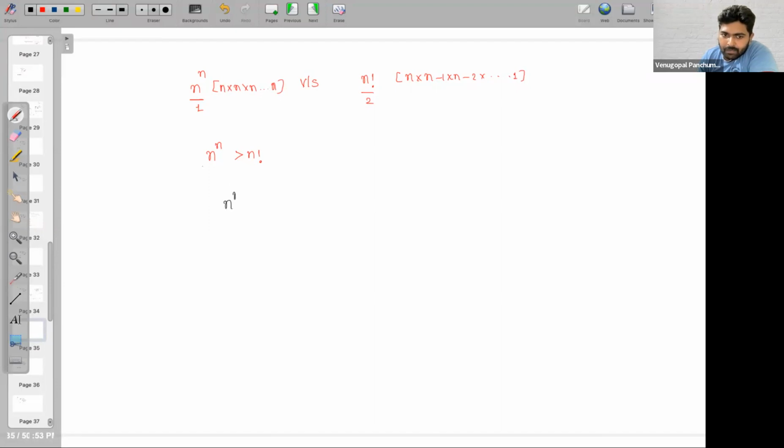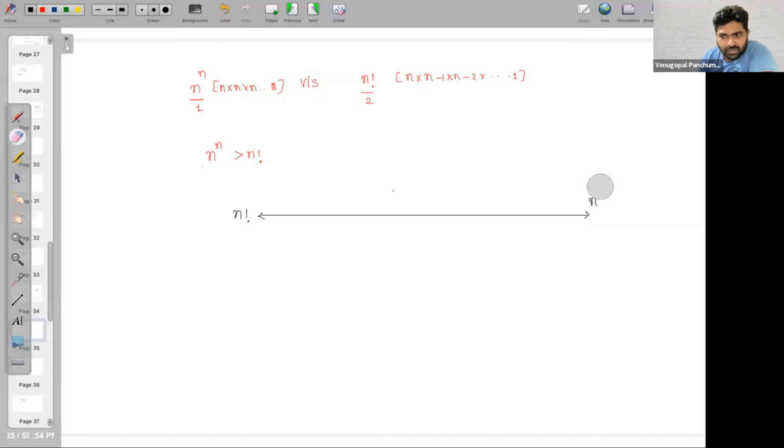So this is n power n and this is n factorial. Initially they were very large, because n power n is very big, friends.